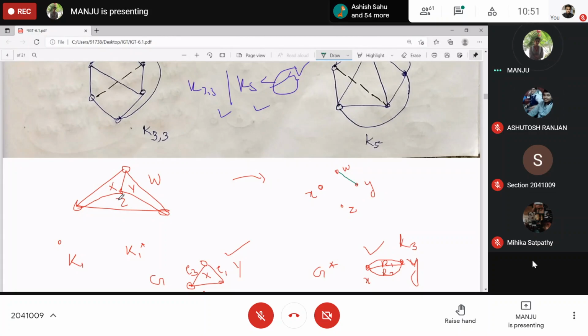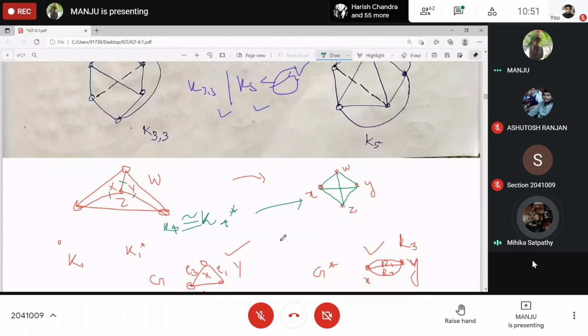One edge, Z and W, W over here, W over here, right? Z and W at the center, and X and W at the center. Because this is adjacent, we have X to Y, X to Z, and Z to Y. So this is again your K4. Understood? So K4 star will be this one, the same as K4.